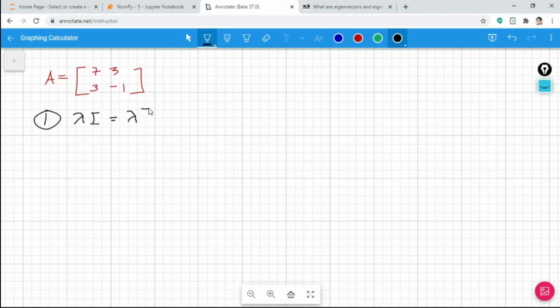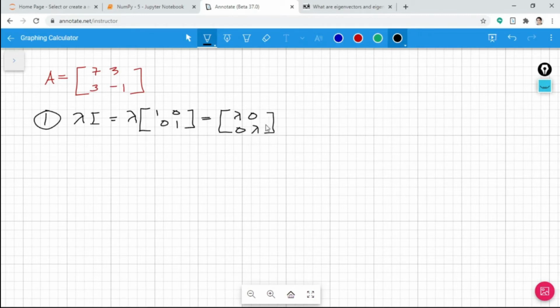So since this is a 2 by 2, you remember the identity matrix is this one. So if you use a diagonal of 1, it is 0. So if you distribute the lambda, you will have a lambda of 0, then 0 of lambda.